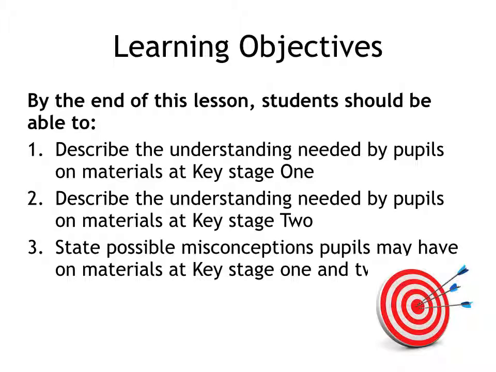The second part of this addresses what the pupils need to learn, and the final part suggests the effective ways to teach about materials, including how to address some common misconceptions.